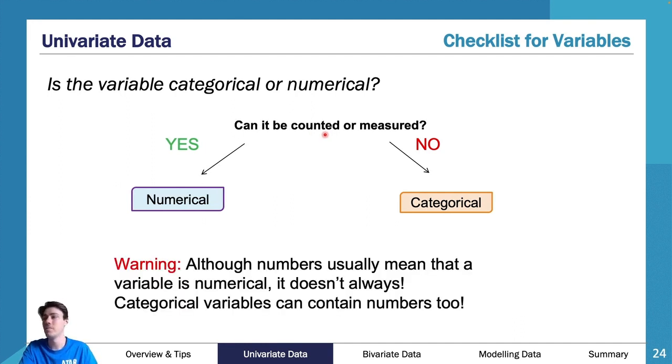Yes, no. Although numbers usually mean that a variable is numerical, it doesn't always. This is a really good point. A really common categorical ordinal piece of data, so it can have an order, comes up a lot: postcodes. Postcodes are a number, so you would think that's numerical. However, postcodes describe an area.